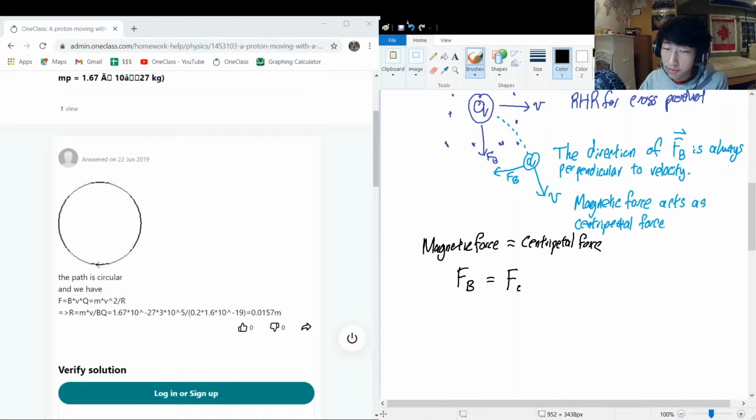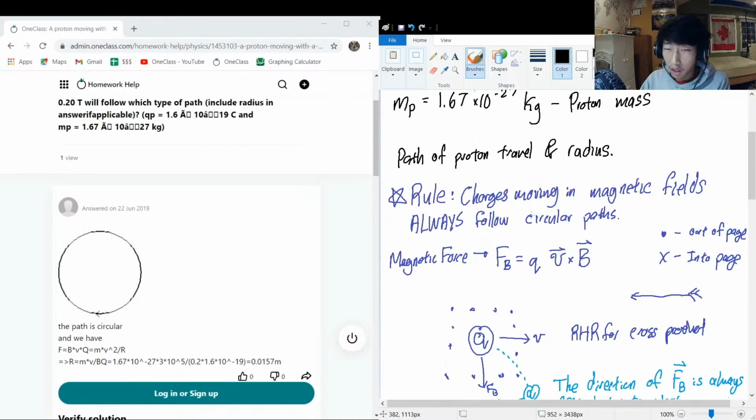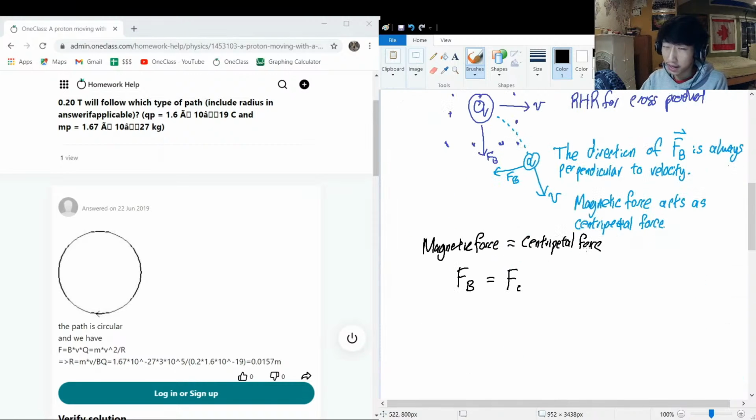Awesome. Now let's rewrite them in terms of what they're made of. So we know that FB is going to be QVB. Since we don't need to worry about the cross product nature of it right now, we can treat it as a multiplication, because we don't have directions to worry about. But if you want to be more formal, just know that you're going to want to use the cross product unless you're doing a complete scalar analysis.